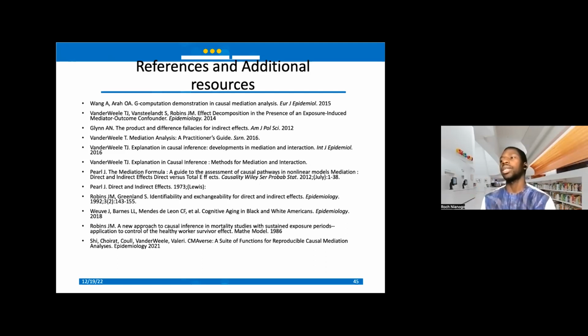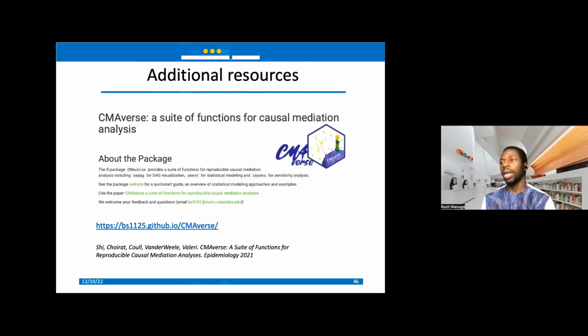These are the references that you can check out. And there is actually a package that has been created for this particular purpose, and it's available in R. It's very helpful if you want to use it. I use it sometimes to just verify my results, but for the other portion I like to do it on my own. That way I have a little more control of what goes in.